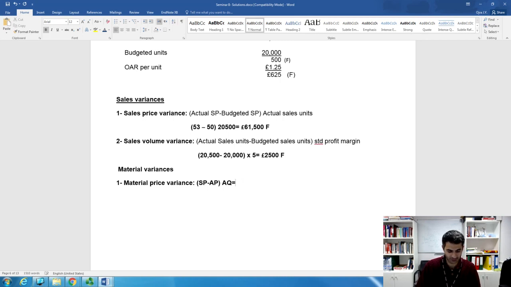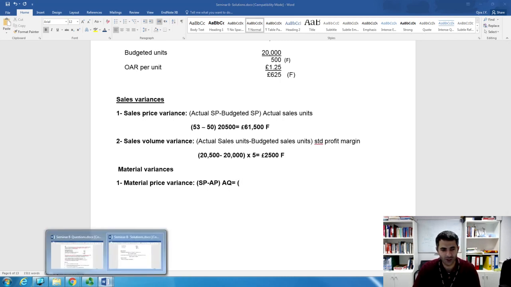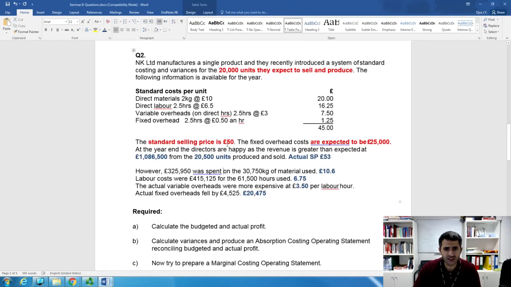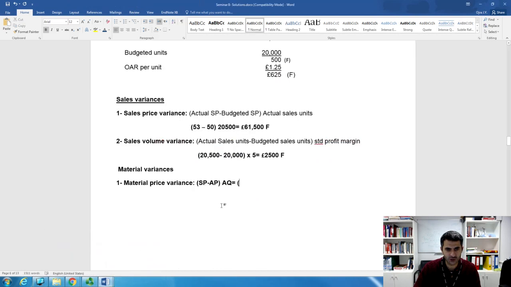Standard price for the material, direct material, 2 kilogram at 10 pounds. So that's 10 pounds, that's the standard, the budgeted, and the actual one is 10.60, isn't it? So 10 minus 10.60, and then you multiply it by the actual quantity.